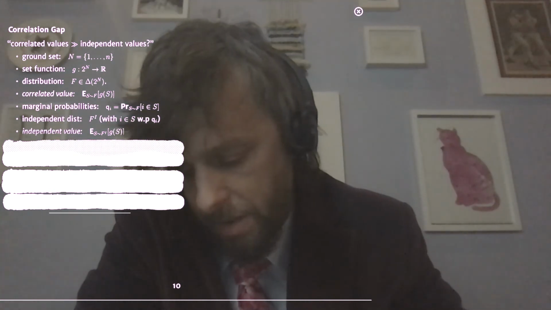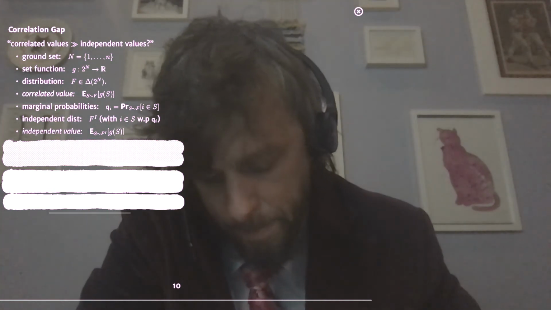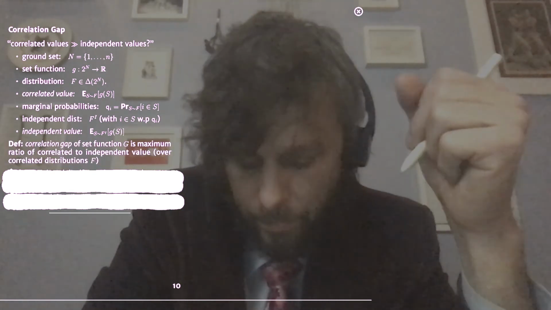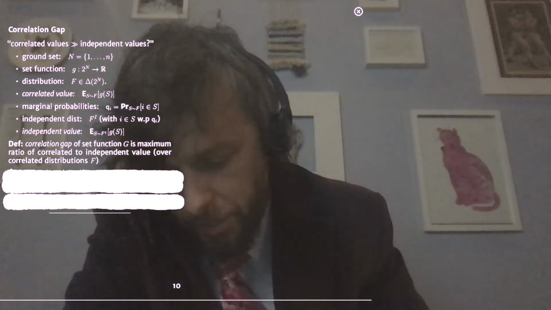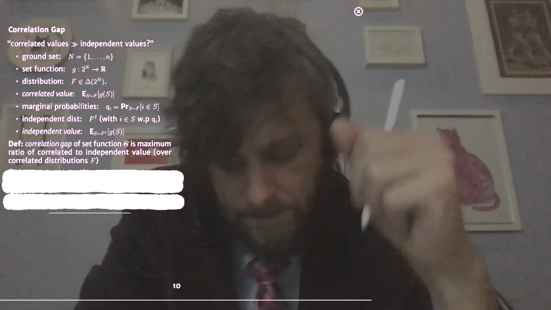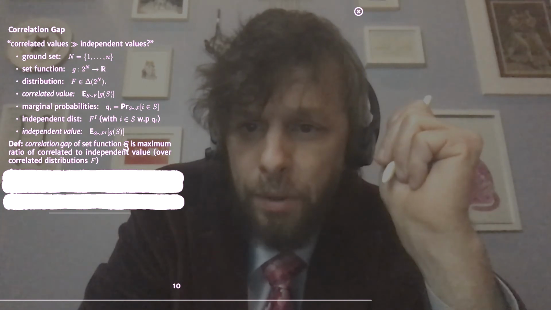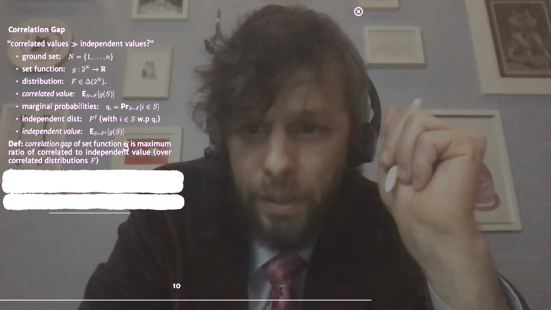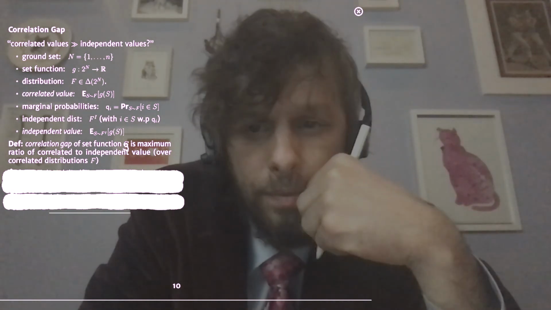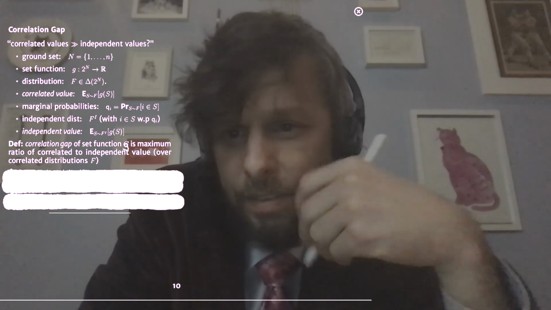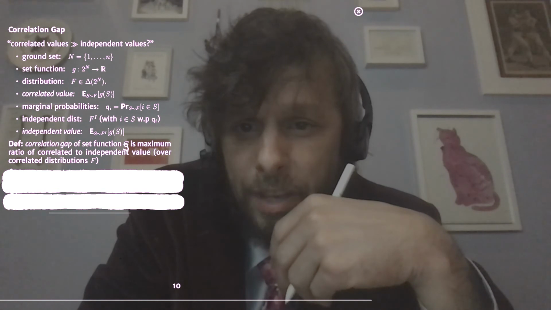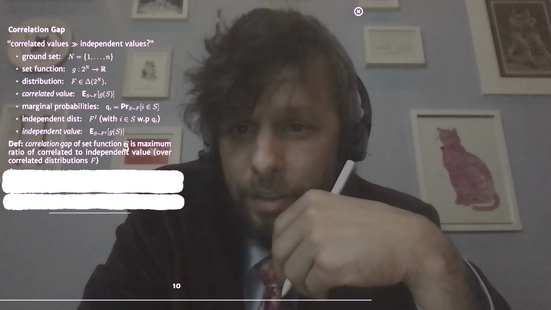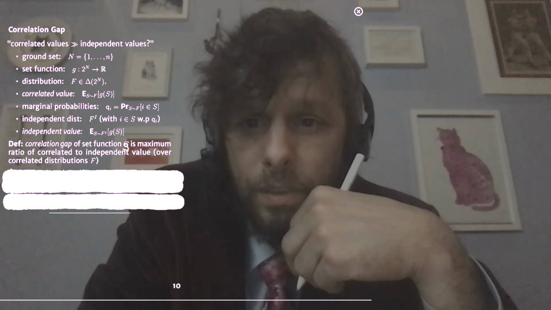Great, I'm now ready to state the correlation gap. The correlation gap of a set function, call it little g, is the maximum ratio of the correlated value to the independent value over correlated distributions f.